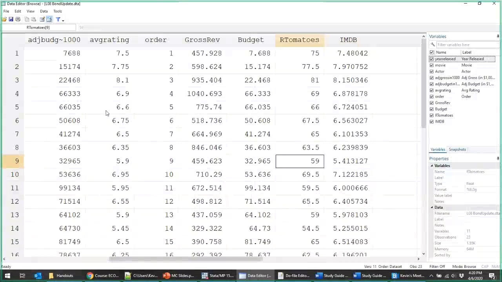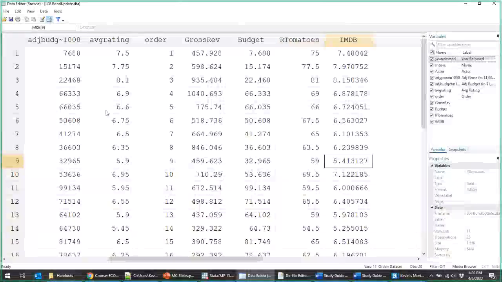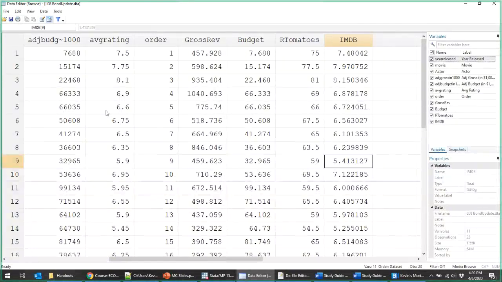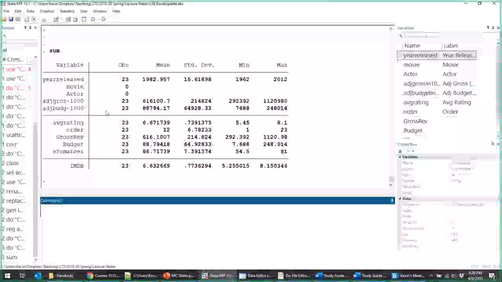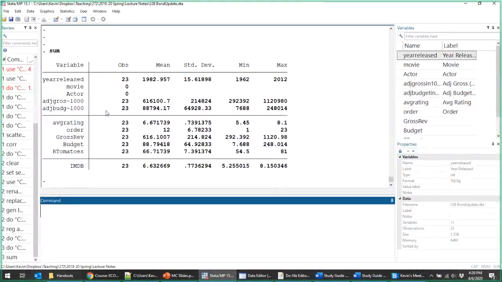So Rotten Tomatoes is a percentage rating, out of 100, whereas IMDb uses a 10-point scale. What we're going to see in this example, though, is that even though they are separate rating systems, it tends to be that movies that are rated well on Rotten Tomatoes are rated well on IMDb, and vice versa, and so these two variables might potentially be imperfectly multicollinear.